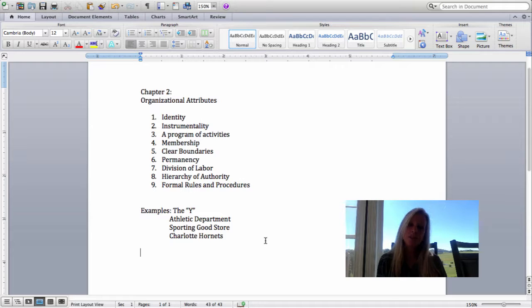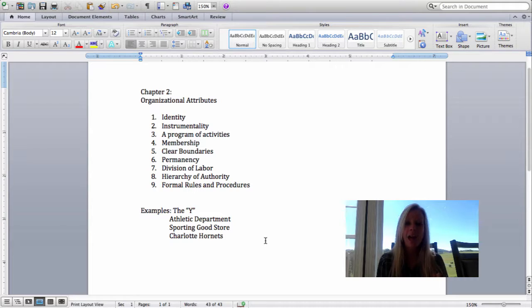You have those divisions of labor for a reason, and that's to maintain control, that's to prevent chaos within your organization. You see this in fitness facilities as well. You have a division of aerobics, and maybe a division of youth athletics, maybe a division of fundraising. Okay, these are all divisions of labor.